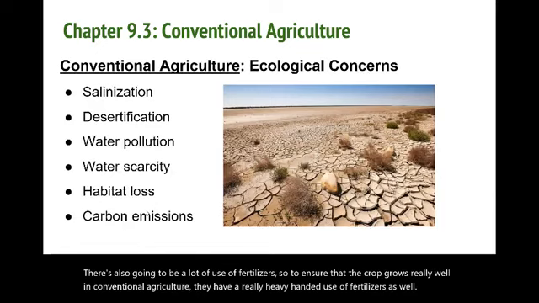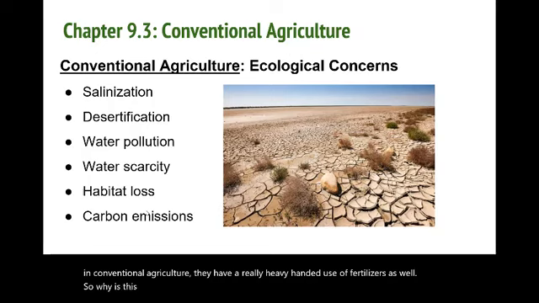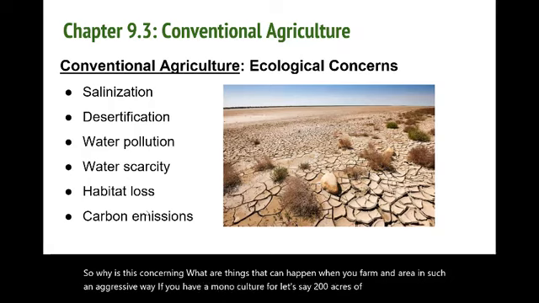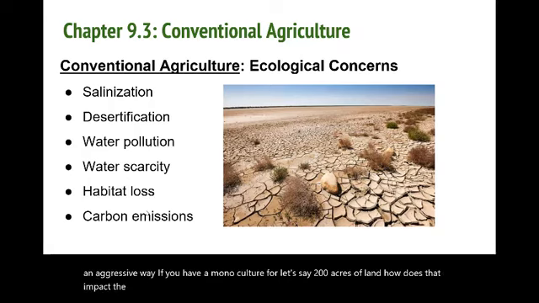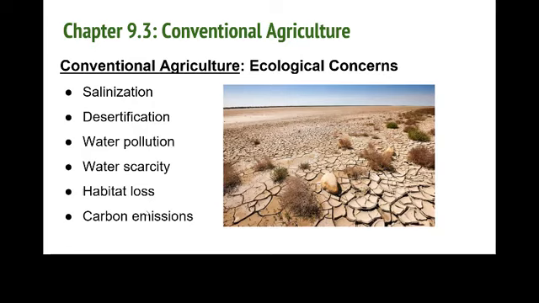So why is this concerning? What are things that can happen when you farm an area in such an aggressive way? If you have a monoculture for, let's say, 200 acres of land, how does that impact the ecosystem? Well, one of the things that can happen is salinization. Salinization describes a process which really causes a lot of salts to accumulate in the soil.